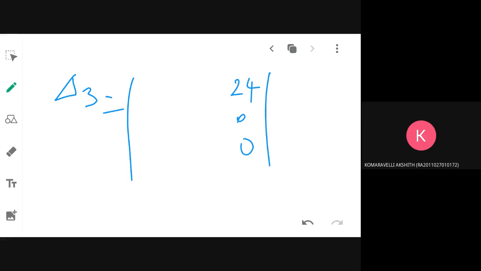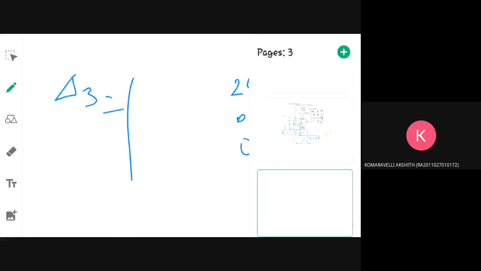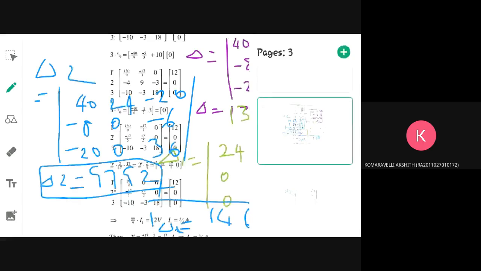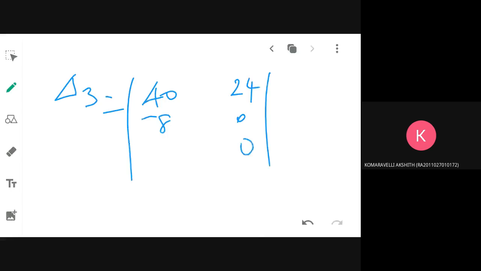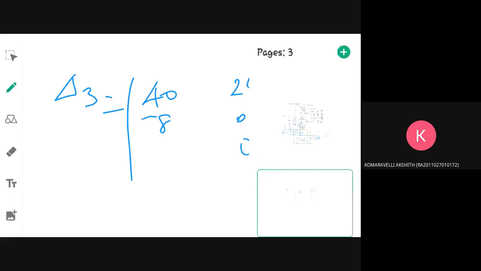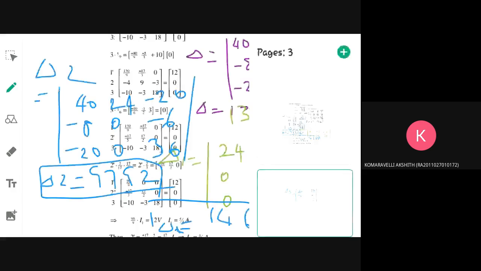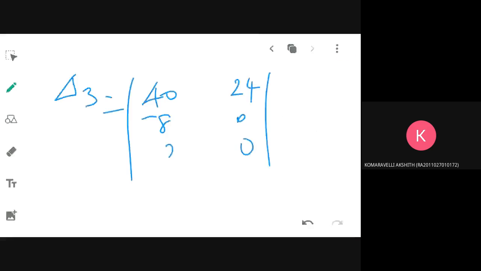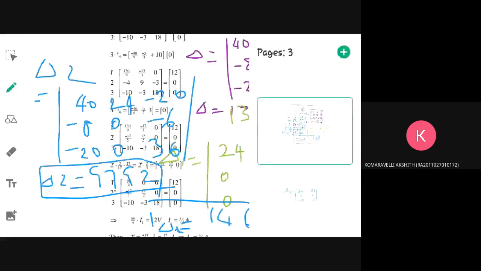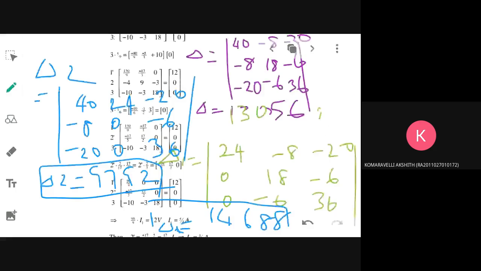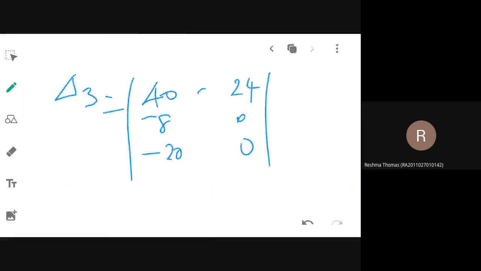2400, minus 8, minus 20, 28, 18, 6. 9648.